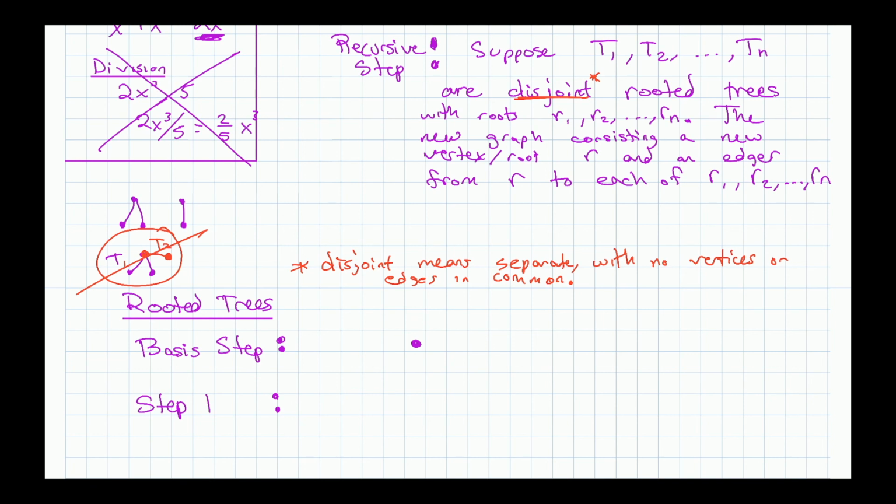That's a rooted tree. So the new graph consisting of a new vertex, root R, and an edge from R to each of R1 through Rn is a rooted tree.